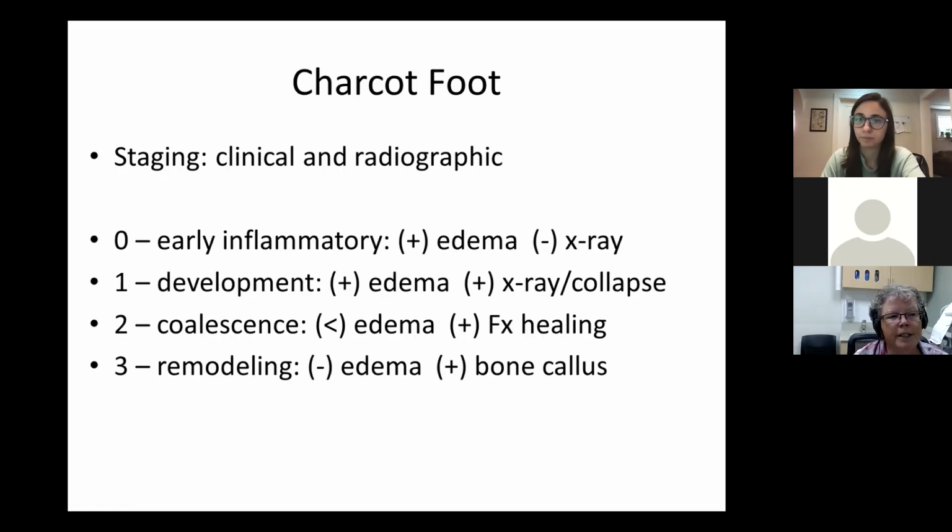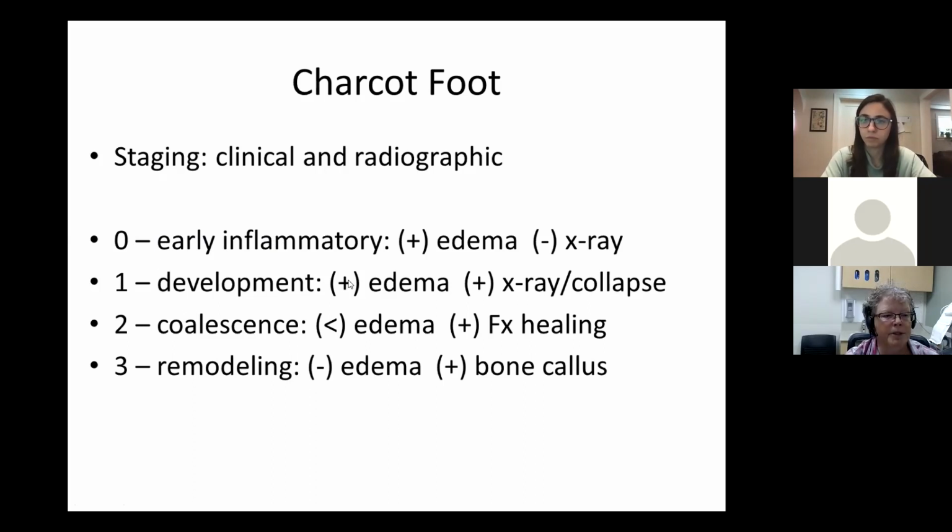Charcot is staged. In the early inflammatory stage, you're going to have a lot of edema, but you're not going to have X-ray changes. The foot is not yet collapsed. This early stage 0 is really difficult to differentiate from cellulitis or DVT, except that they're going to have a negative Doppler and they're not going to have elevated inflammatory markers or a white count unless that's from another cause.